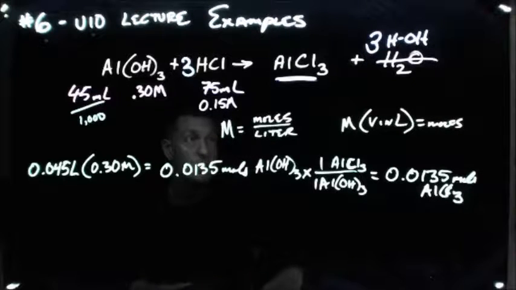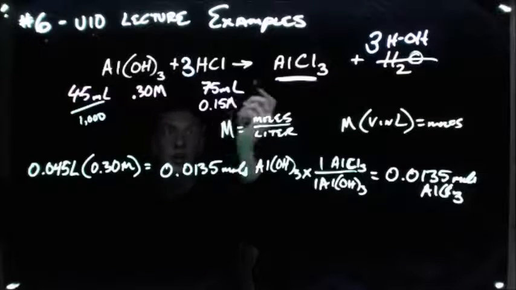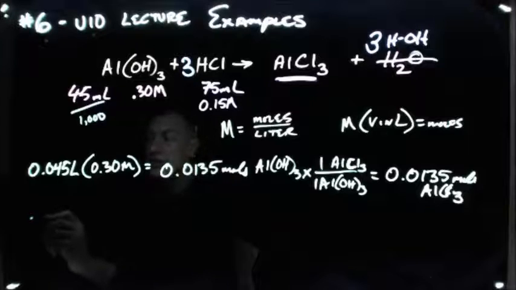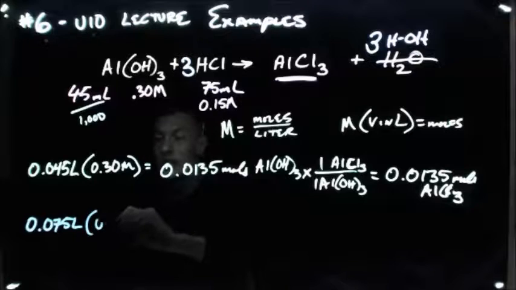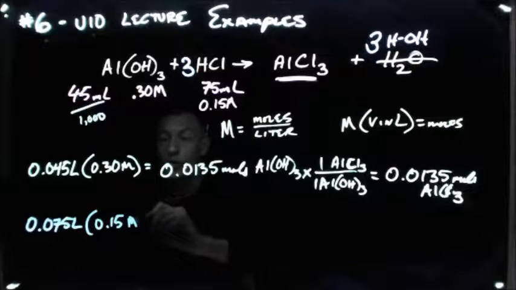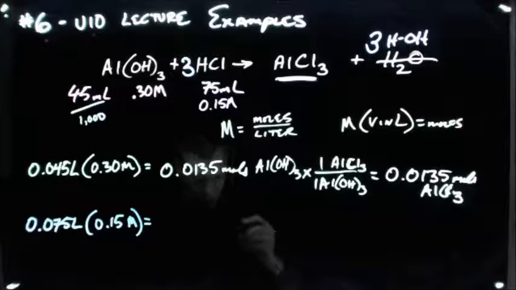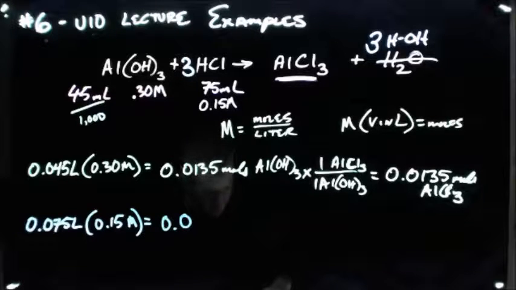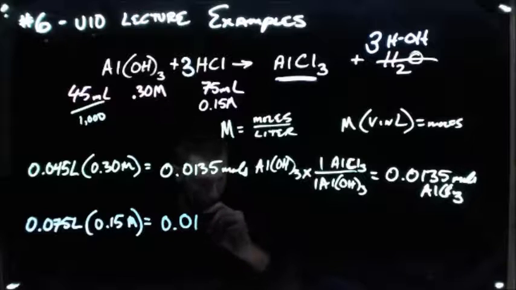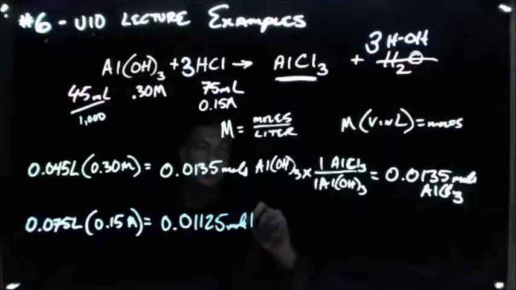Then exact same thing for the HCl. So divide 75 mLs by 1,000, you get 0.075 liters times 0.15 molar, and that would leave us with 0.01125 moles of HCl.